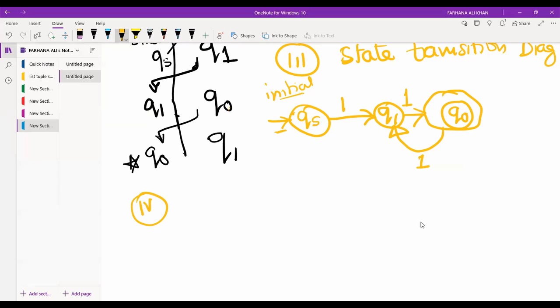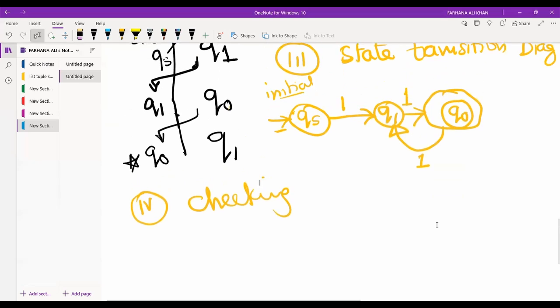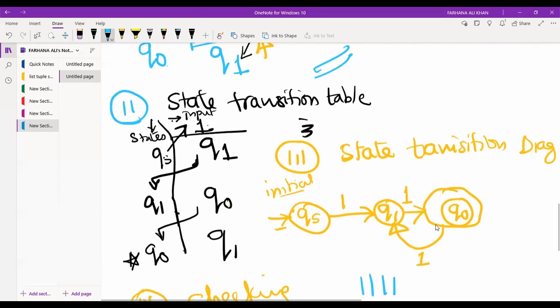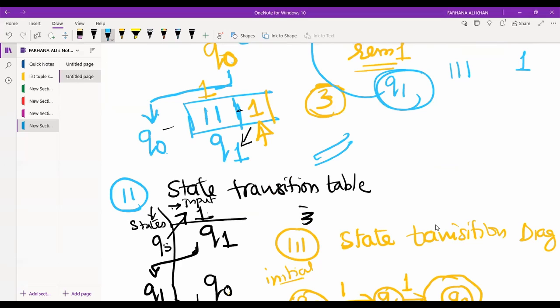So how are we going to cross-check? We will take one input that we have not previously considered. Let us take one string, number 4, which we have not considered while designing our machine by the TCS method.